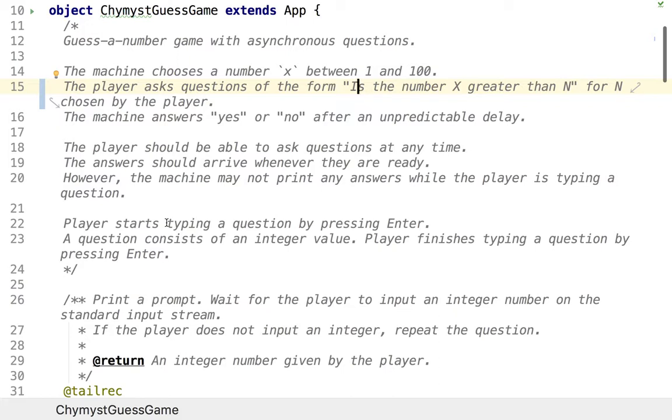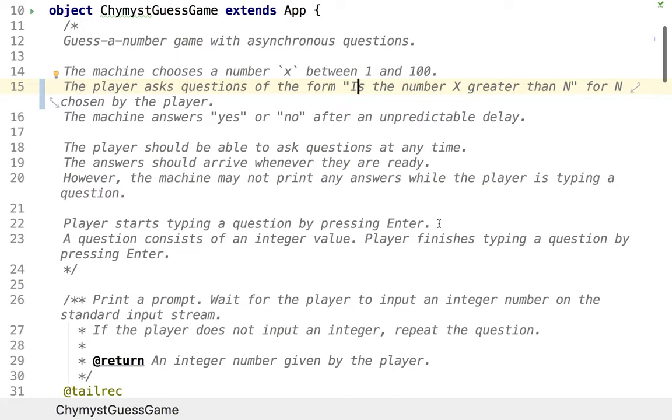And after the player pressed enter, the machine is free to print answers that are available now, line by line, until the player again indicates that a new question should be asked by again pressing enter.